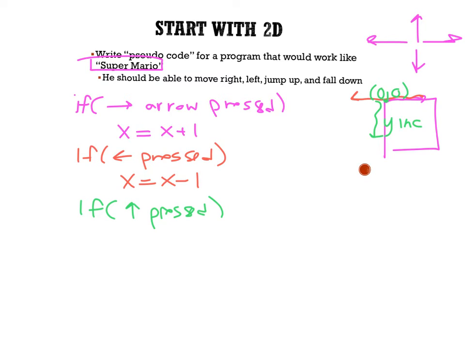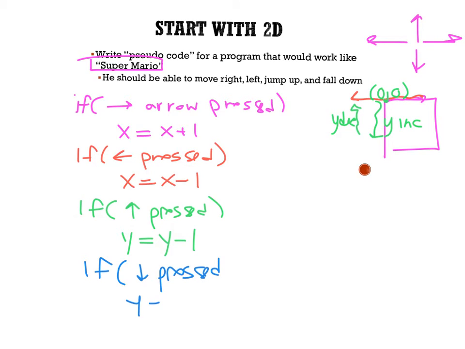So I want to say, okay, if y is going up, well then y has to be decreasing, which means that y will equal itself and we'll be subtracting values to move up. And then the last thing we want to happen is if the down arrow is pressed, y will then be adding 1 because we know that to go down, y is increasing on that coordinate plane that is commonly used in game design.